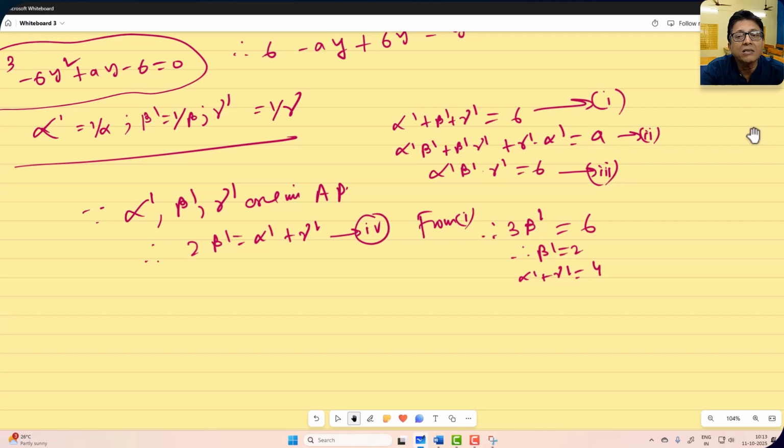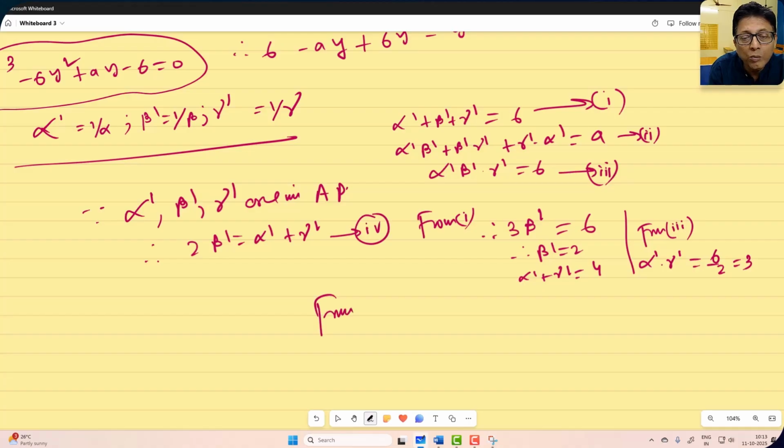Now use the third condition. You got beta dash, and the second condition also. From 3, if you put the value of beta dash, alpha dash into gamma dash is going to be 6 by 2, that is 3. Now from 2, we have to use this also.